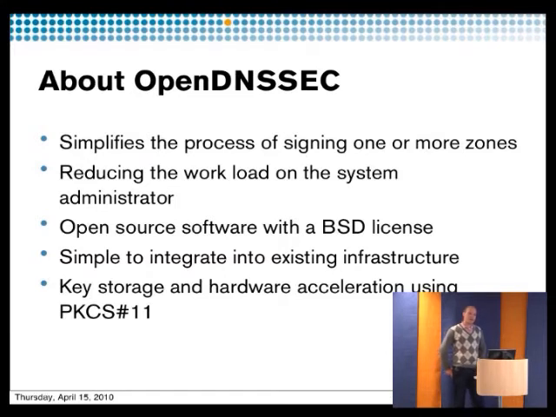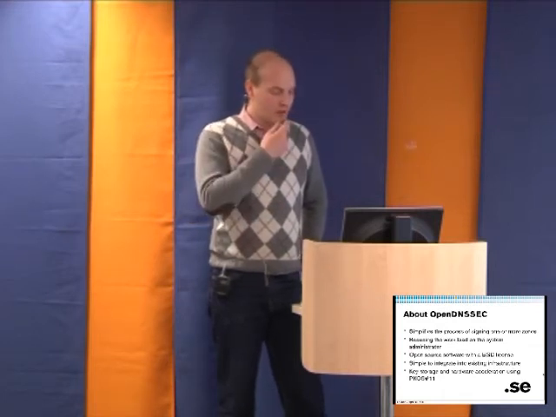We also provide the software under the BSD license, which makes it easier to take this software and integrate it in other products. So, which means that we spread the knowledge of DNSSEC into other products, because they can use this software. And also, since we are doing the signing in a box, it should be easy to integrate OpenDNSSEC into existing infrastructure, because we want to provide different ways of getting the zone and delivering the zone back to you.